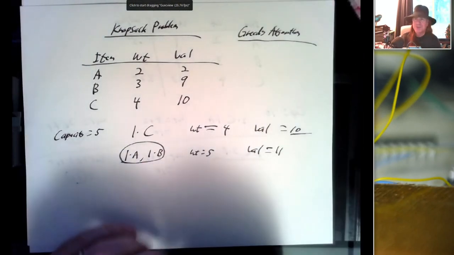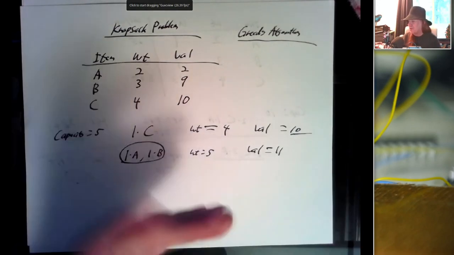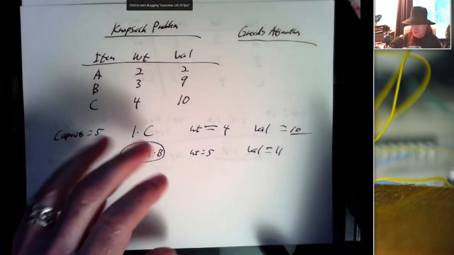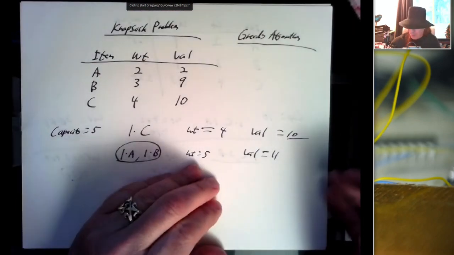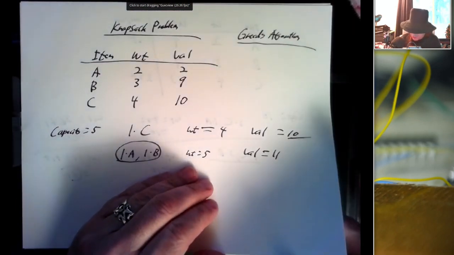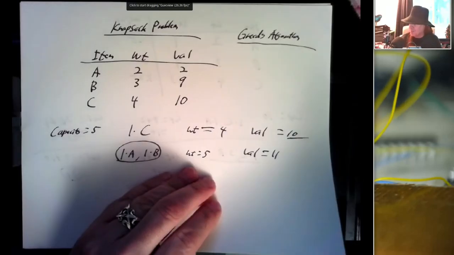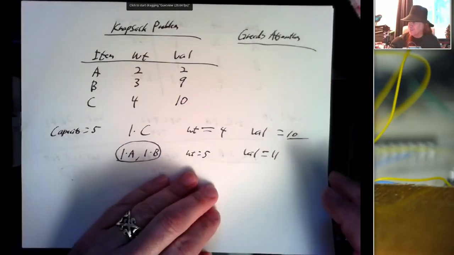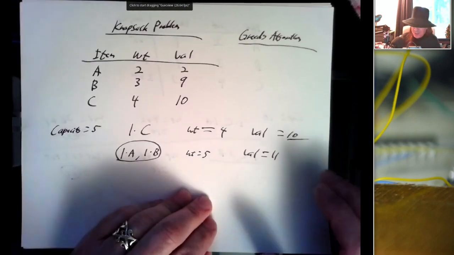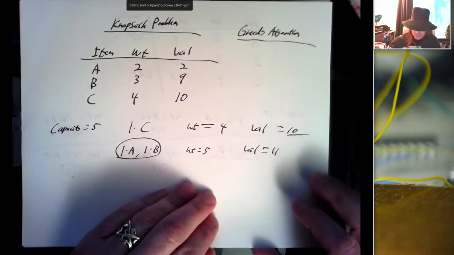And greedy algorithms are pretty easy to code. And there are a lot of algorithms that work well with this greedy approach. When we look at Dijkstra's algorithm in a future lecture, an algorithm for finding the shortest path through a graph, that'll be an example of a greedy algorithm. But for the knapsack problem, greedy algorithms don't work.